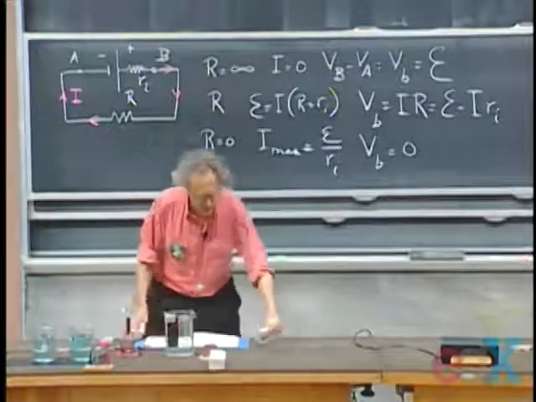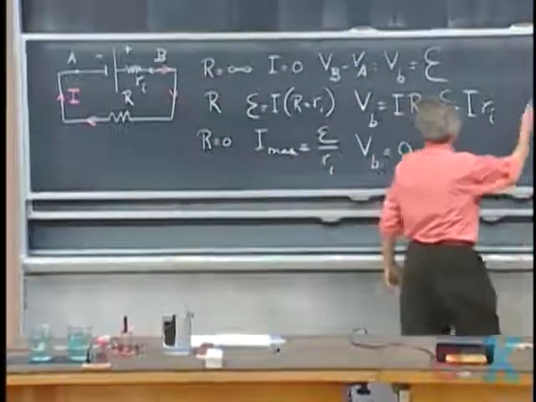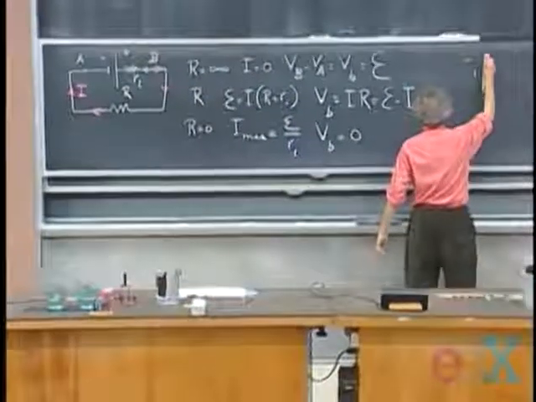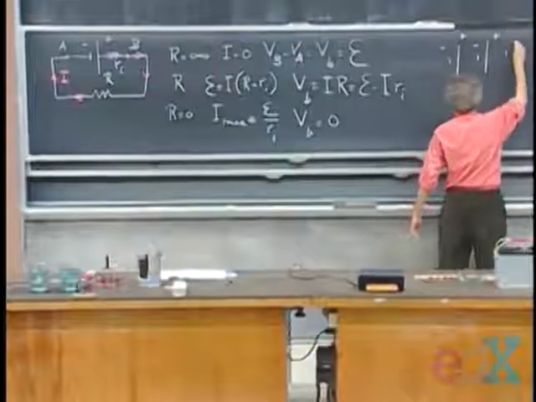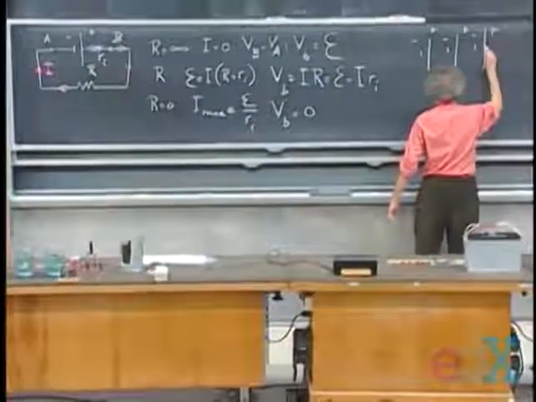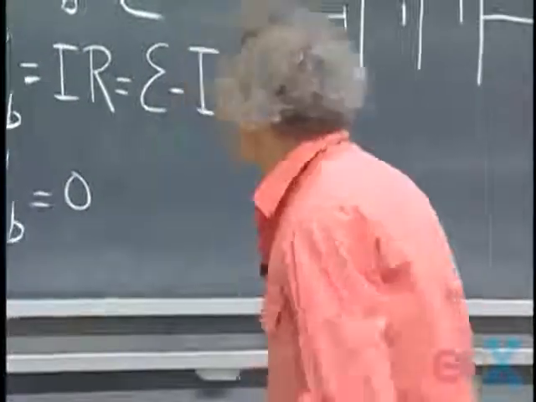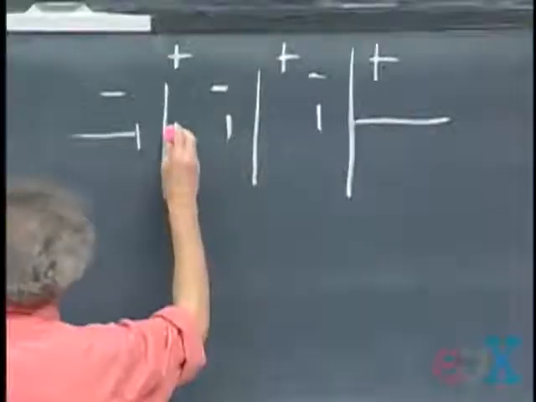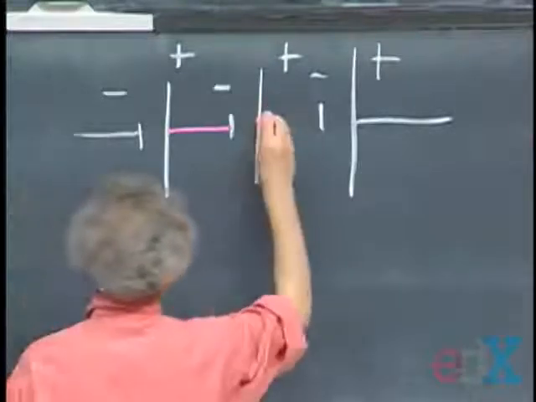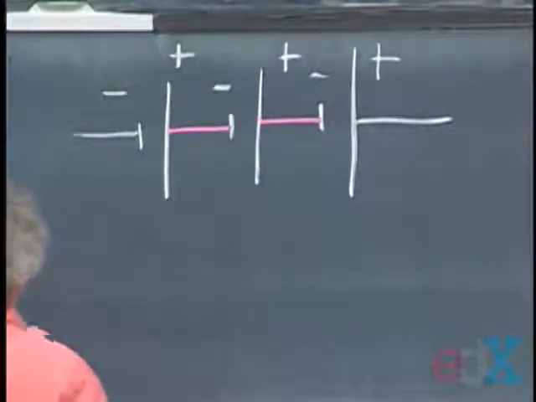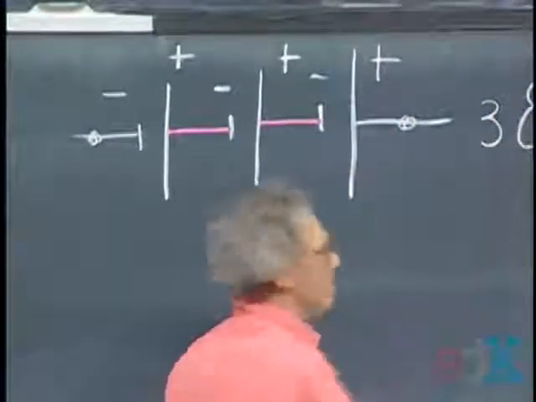You can put batteries in series and thereby get a higher potential difference. If this is the negative side and this is the positive, I have an independent one, negative, positive, and an independent one, negative, positive, each one with an EMF E. Then I can connect the positive side of one with the negative side of the other, just a conducting wire, and the positive side of this with the negative side of the other, and now the potential difference between these 2 points is 3E.